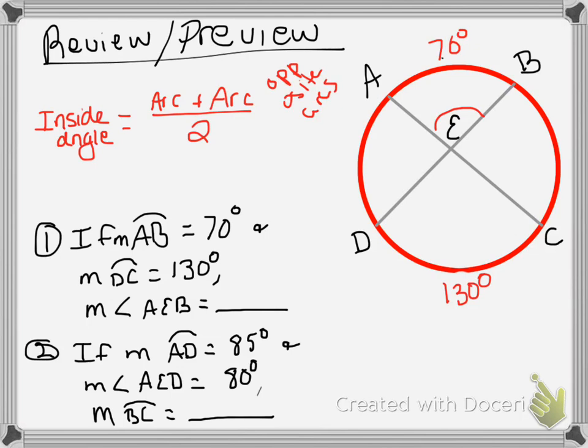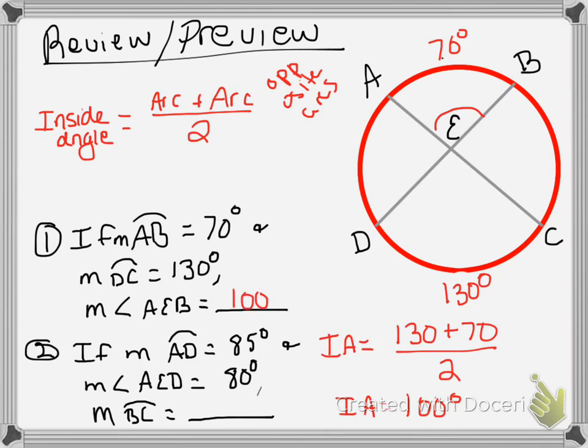So, using the formula for the inside angle, I'm going to put IA as my X, equals arc plus arc, that's 130 plus 70, because those are my two opposite arcs, divided by 2. That means that IA is 130 plus 70 is 200, divided by 2 is 100 degrees. And that is your answer for the first one.